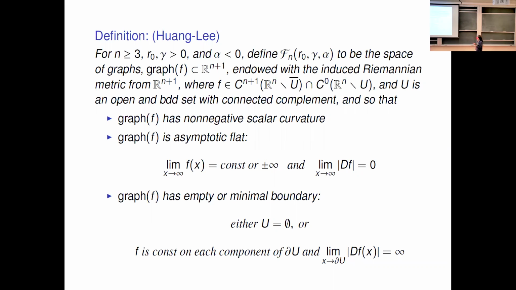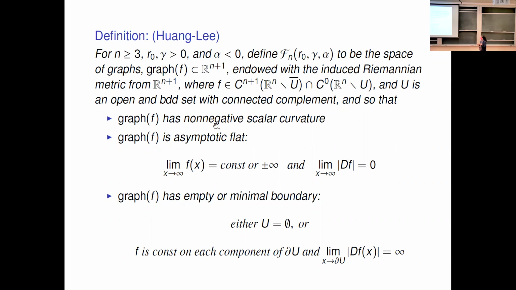So we are going to have a function f that is continuous outside some open set U, and that is of class C^{n+1}. So this is my function. You can then write the graph of this function. You endow it with the induced Riemannian metric, and you require this graph to have non-negative scalar curvature.